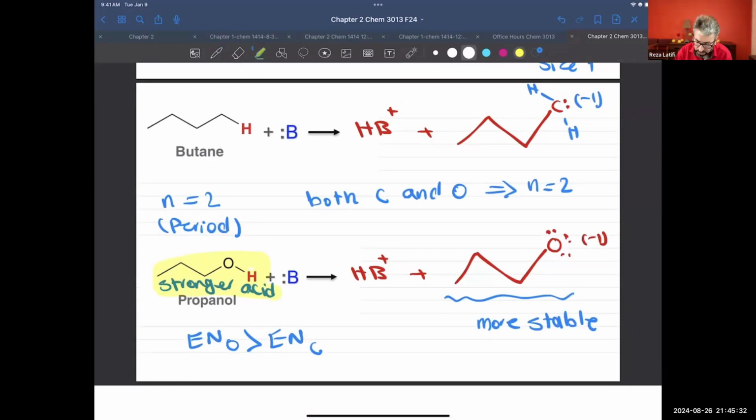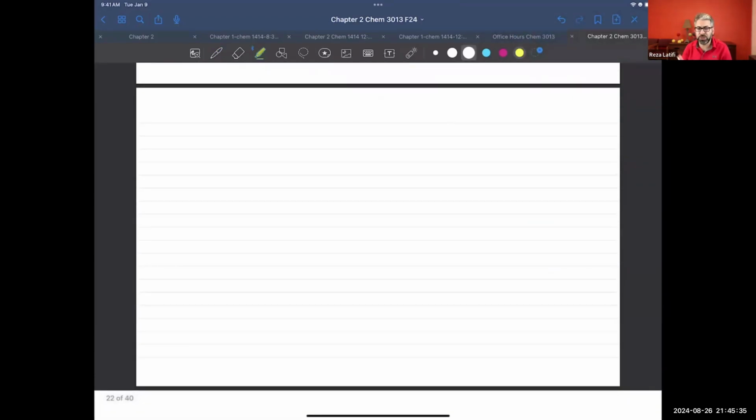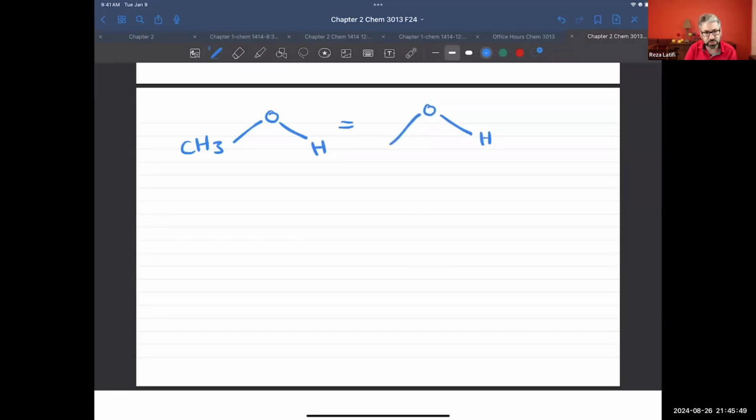Next, what will happen if we go down in one group? Let's write this example. We have CH3 attached to oxygen, then we have hydrogen. And the next example is CH3 attached to sulfur, and then hydrogen. So you can draw it as sulfur and then hydrogen.